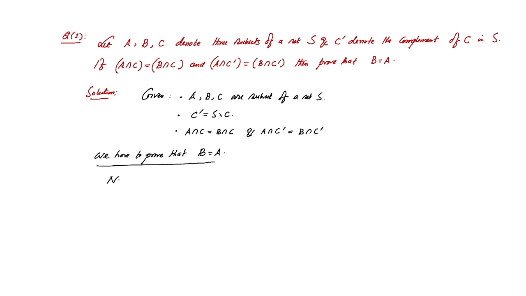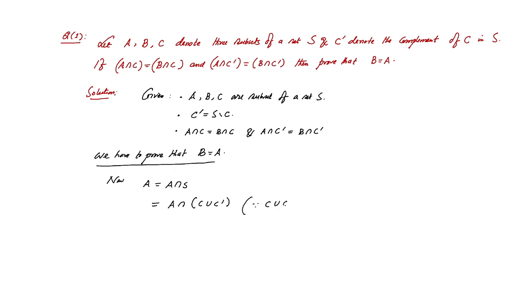So now we start from the set A. We can write A is basically A intersection S, where S is the universal set here. And from that we can write A intersection (C union C complement). Why?